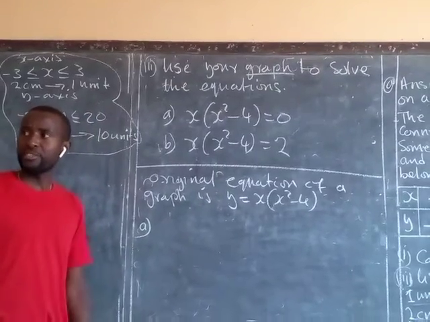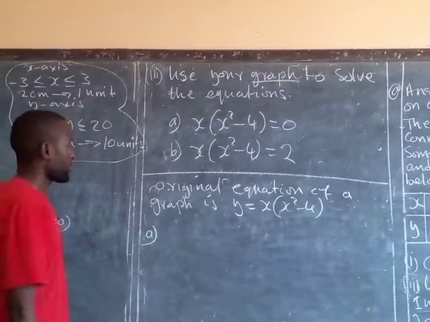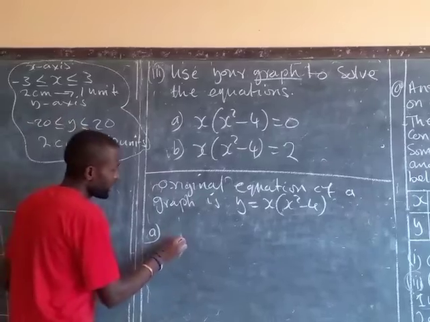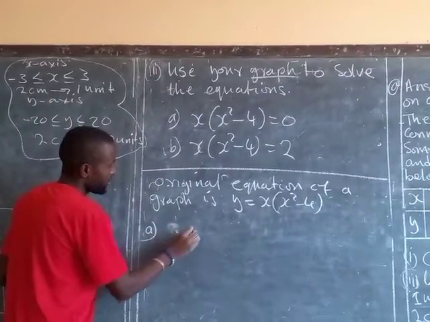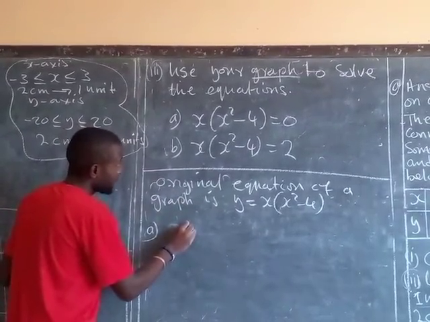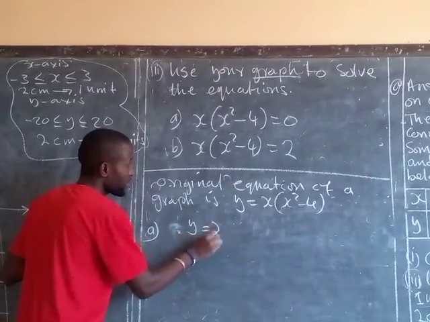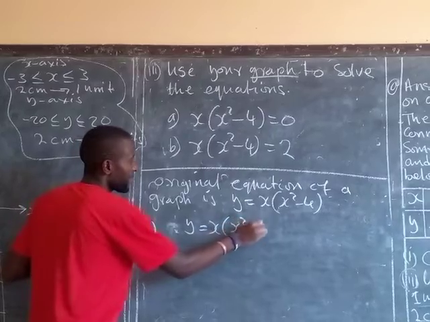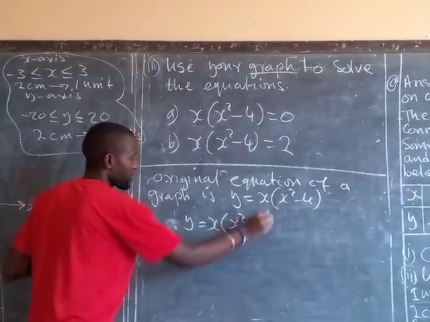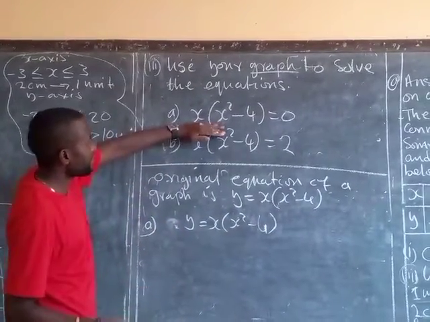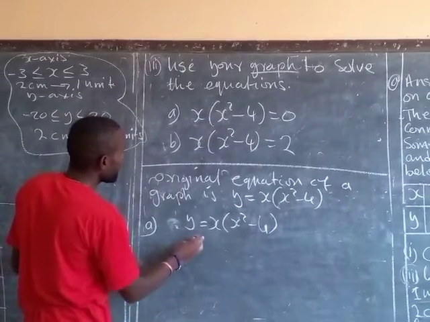I get the original equation, which is y is equal to x squared minus 4. Then I get this equation, which is here, my a, I put it here.